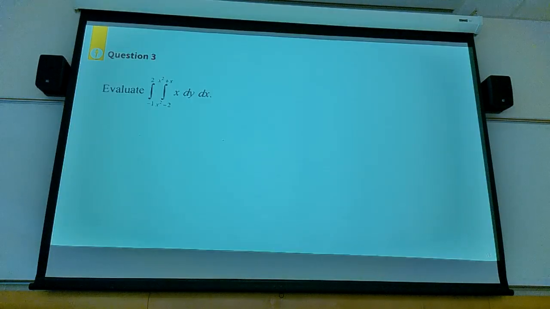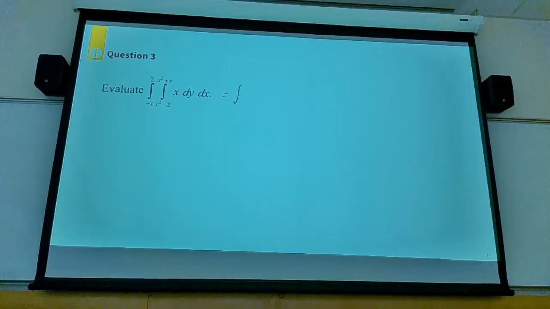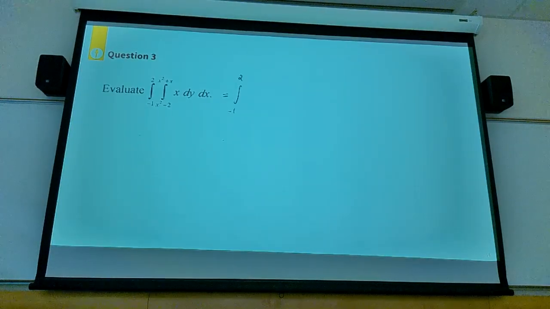What do we have to integrate with respect to first? Oh, but wait a minute. There are no y's, right? That's going to make this a little bit easier, because that's just being treated as a length now.